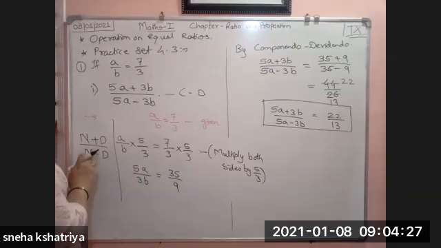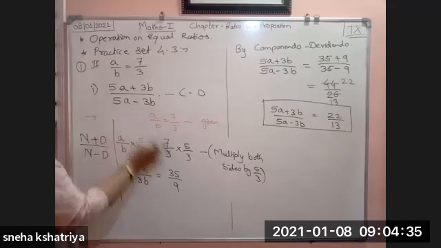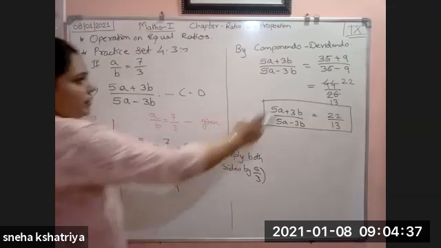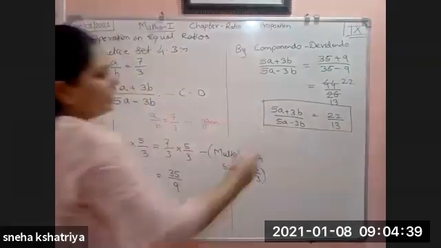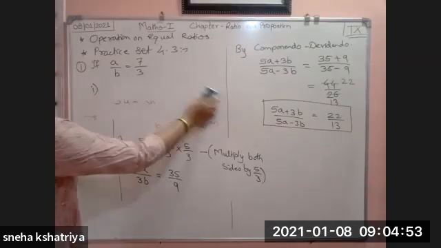After multiplying, use the operations we have to take, and from the right side we will get the value of whatever ratio or expression they have given to us. Now we will take the second one.